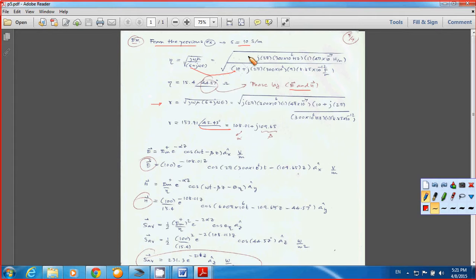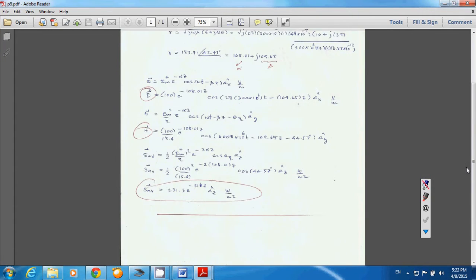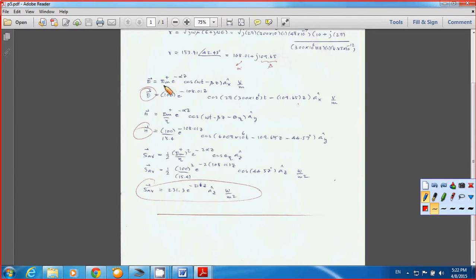The difficult task is that you have to do the square root of the complex number here. Now you want to write the equation for the electric field and the magnetic field. What you can do is going to be your extra term here, exponential of negative alpha z for the electric field.